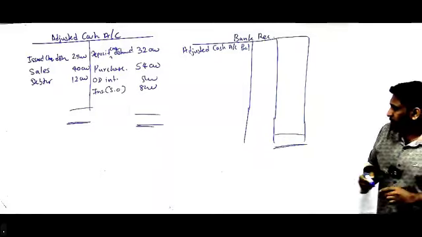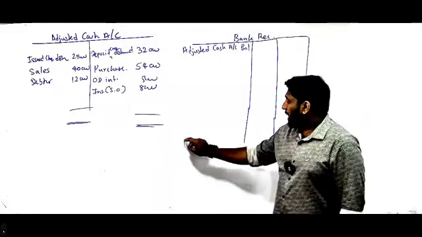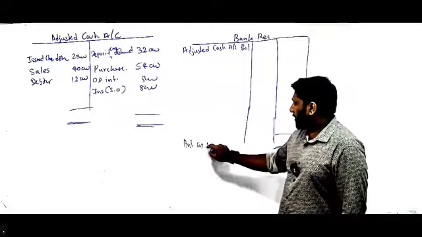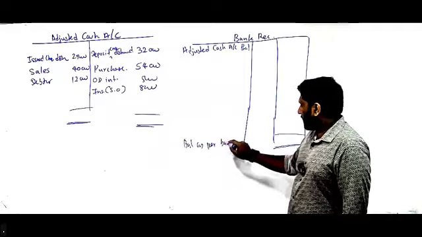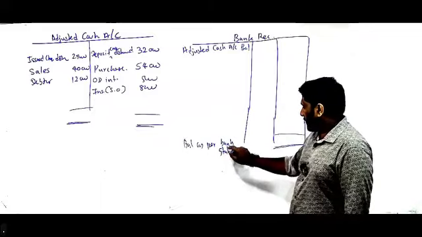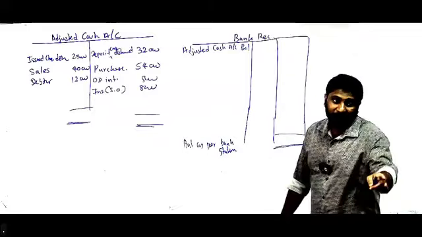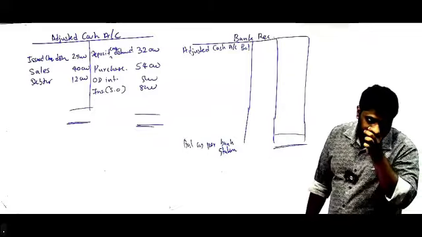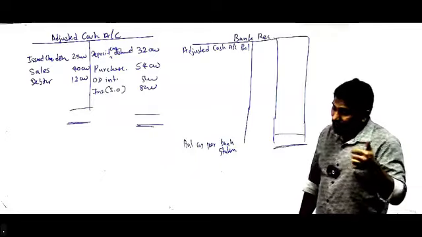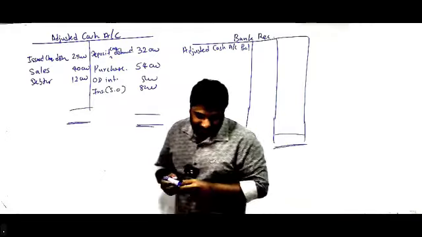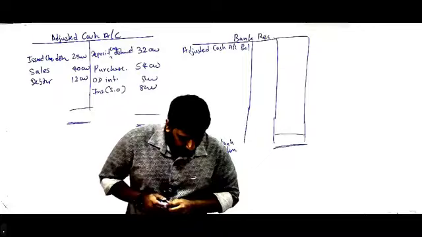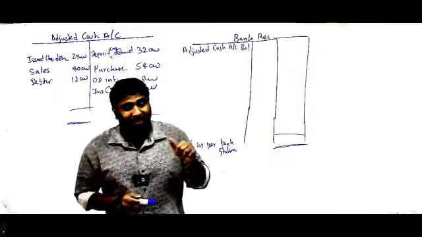In the bank statement, the balance as per bank statement is 125,000. What balance is it, the debit balance or the credit balance? There was a debit balance in the bank statement.